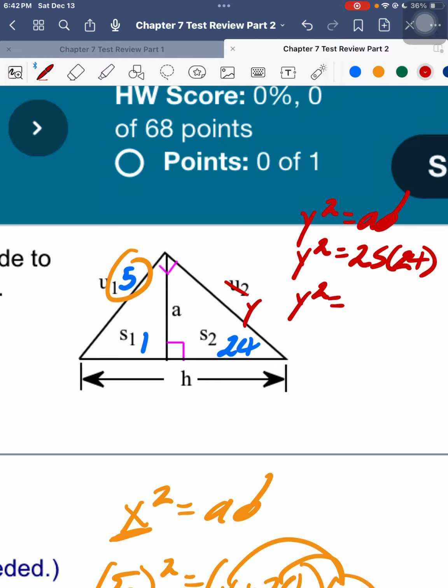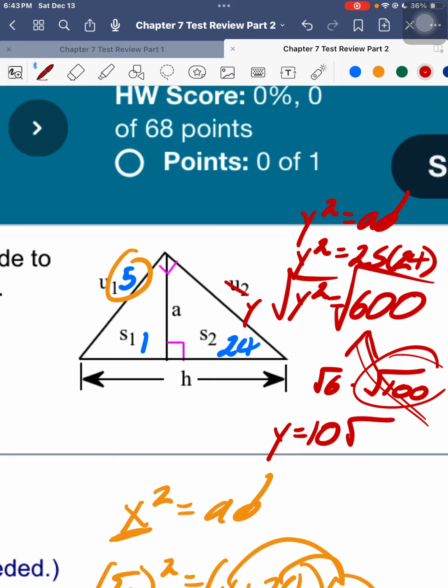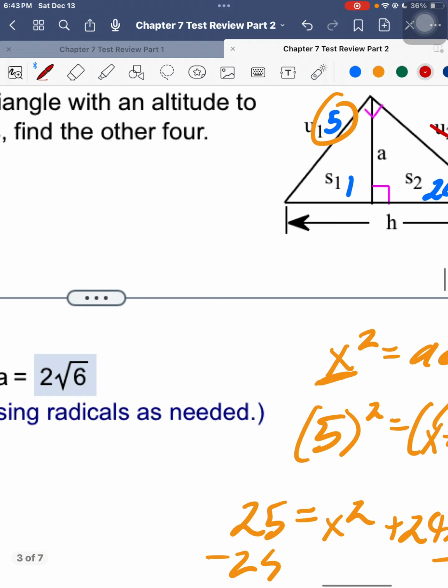So Y squared equals 25 times 24, which is 600. Now we can square root 600 pretty easily into square root of 6 times square root of 100. Square root of 100 is 10. So my Y is equal to 10 square root of 6.